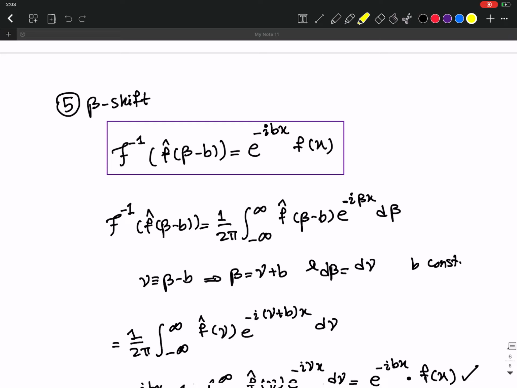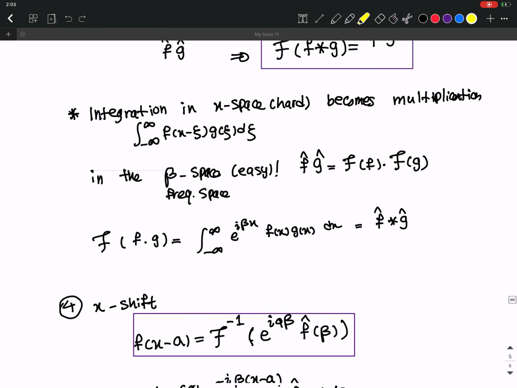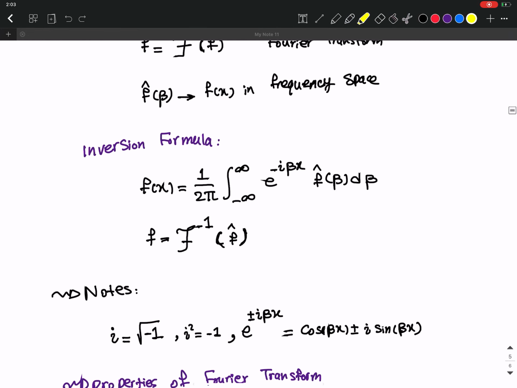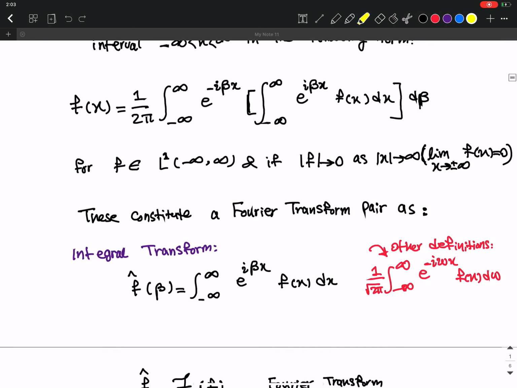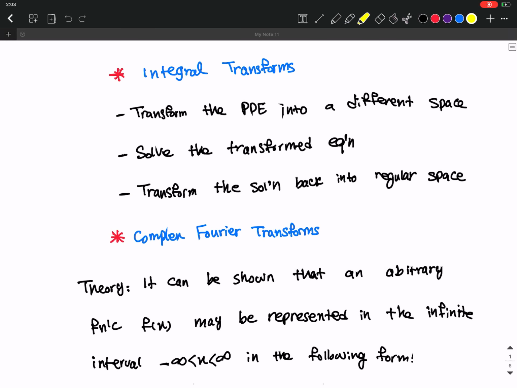Okay, so these were some of the properties of Fourier transforms that you need to know. So let me just give a brief overview of what we studied in this lecture and what we found. So we defined in general integral transforms: you can transform a PDE into a different space like Fourier space, or different types of integral transforms that we have, like Laplace transforms.